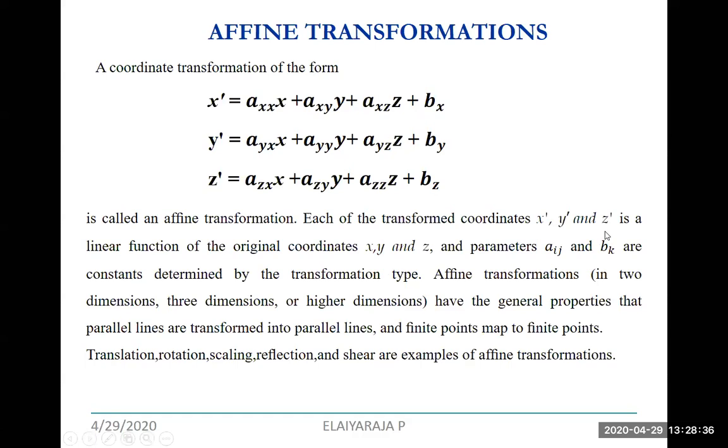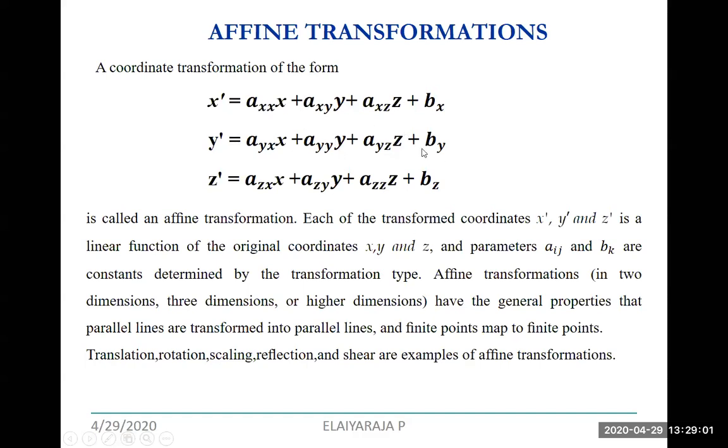Each of the transformed coordinates x dash, y dash and z dash is a linear function of the original coordinates x, y and z, and the parameters aij and bk are constants determined by the transformation type.